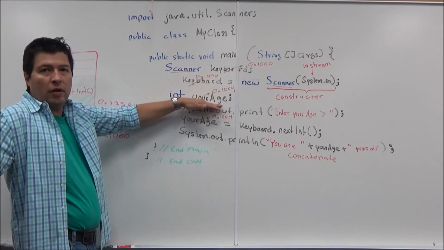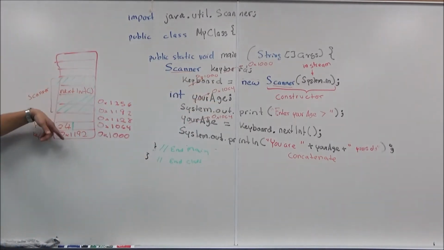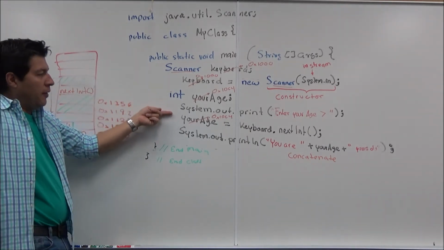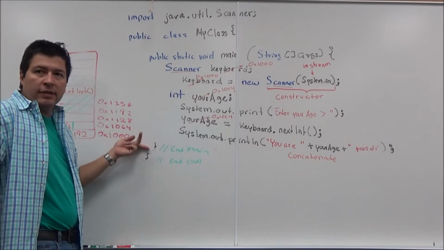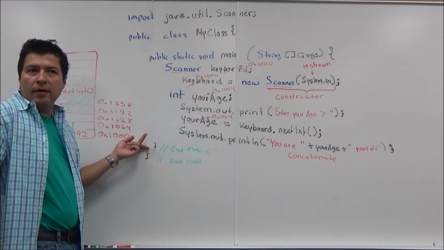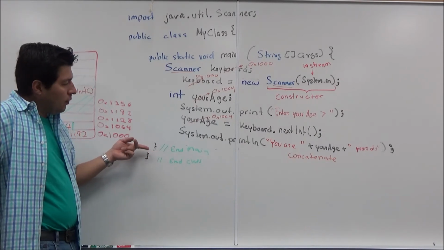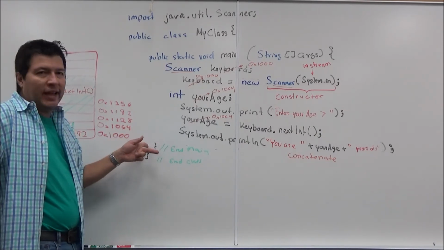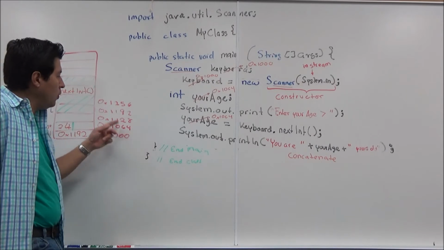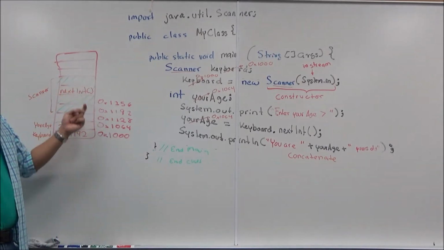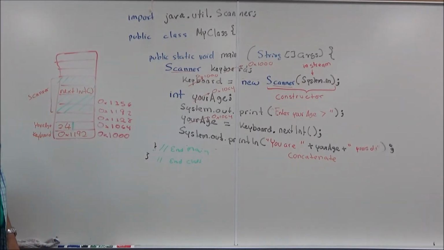Then you declare this other object here. So the RAM looked like this, right? But then the computer does whatever, and then it reaches the end of your method. And pay attention to this because you're going to ask me later. So what happens when it reaches the end? What happens to all this? Does it stay there? Or does it go away? What do you think?